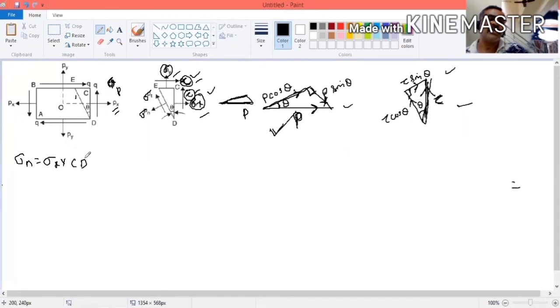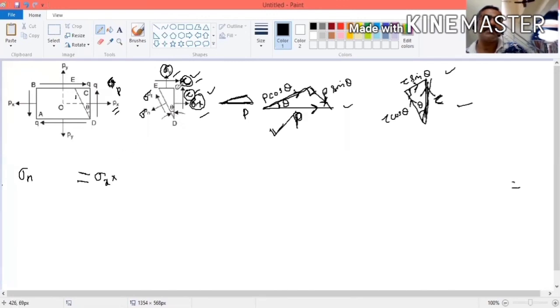Similarly, sigma n also I have to convert. I want to find sigma n. Let it be, I will explain later. Now, sigma x into cross section area.